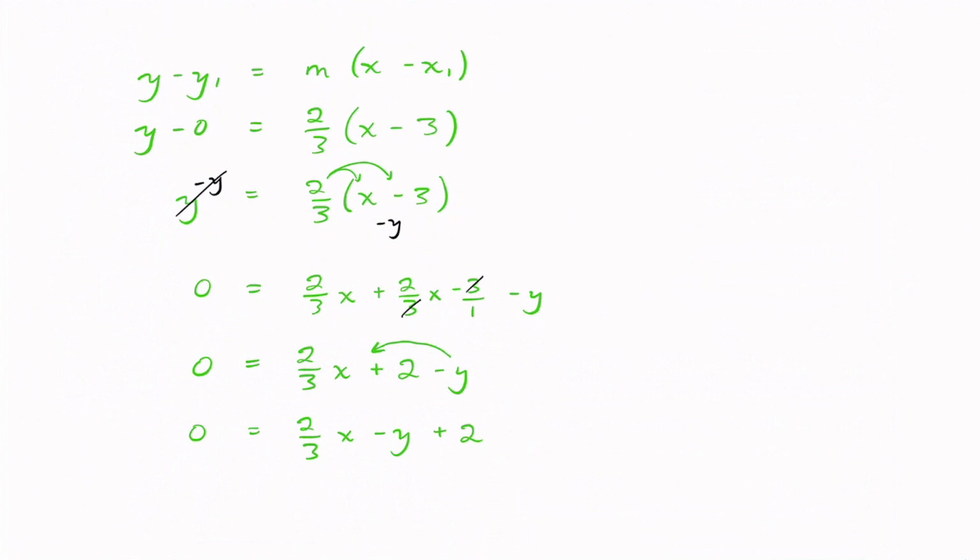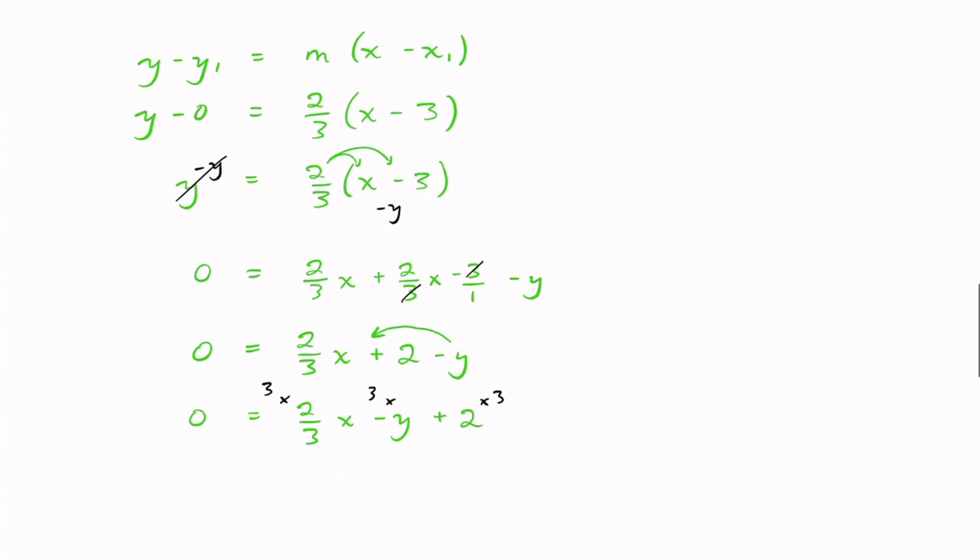So very last thing, we got to get rid of this 3 in the denominator, so we'll just multiply by 3, multiply by 3, multiply by 3. So 3's will cancel right there. Then I have 0 equals, there's just a 2x left. And then we got minus 3 times y, that's minus 3y. And then plus 2 times 3, that's just a 6. So that is our general form.